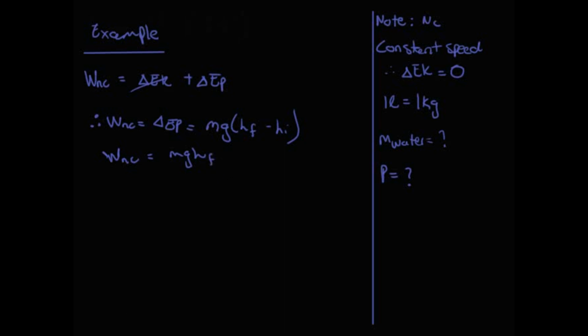Something that I forgot to put in there: h is equal to 12 meters. So this is going to equal the mass of water, which we first need to calculate. So let's calculate the mass of water here at the bottom. They told us that the mass of water was 120 liters per minute.